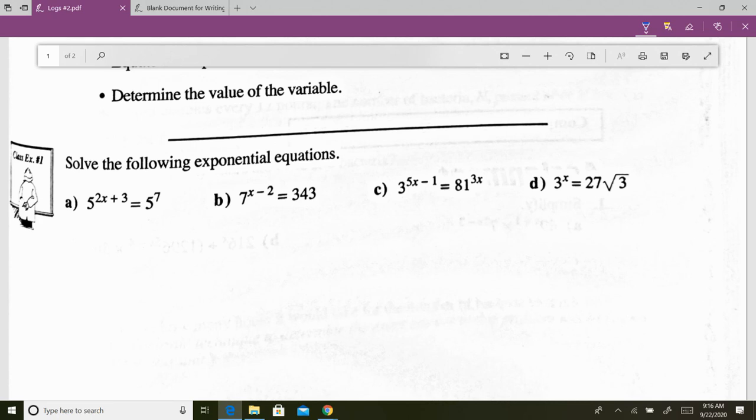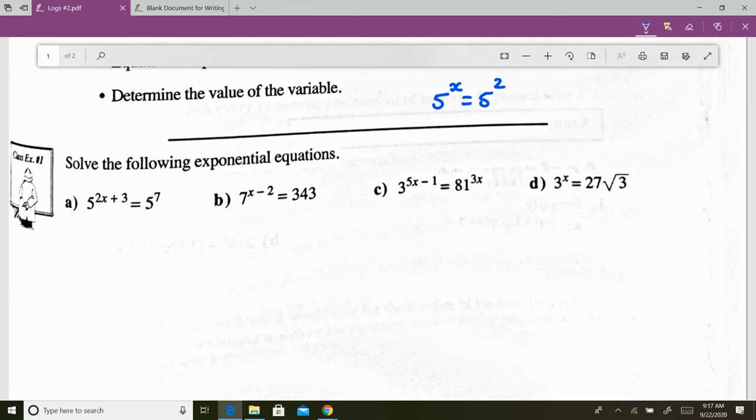As an aside, if I have 5 to the power of x, and I say that equals 5 to the power of 2, what does x equal? 2, right? It has to.